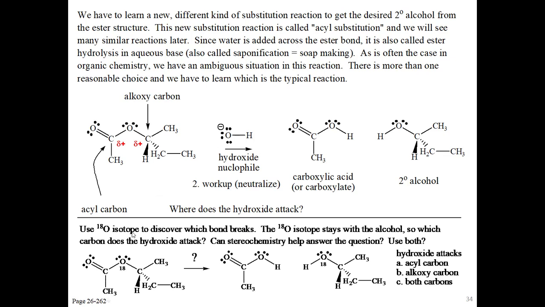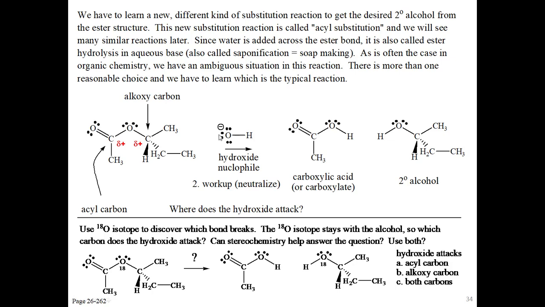Now the first people who came on the scene to figure this out had a dilemma because they didn't know which carbon got attacked. So what they did was they stuck an oxygen-18 in the middle, which is just a tiny bit, like 0.2% of oxygen. But they put it right here in the middle. If the oxygen attacked the carbon on the right up here, this oxygen would leave and stay with the carboxylate part.